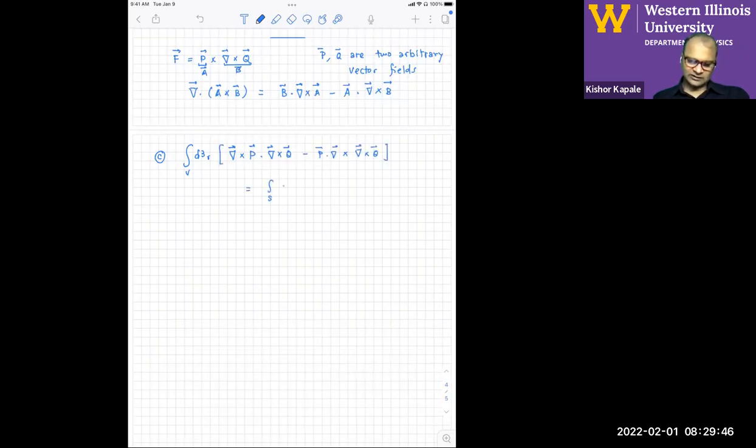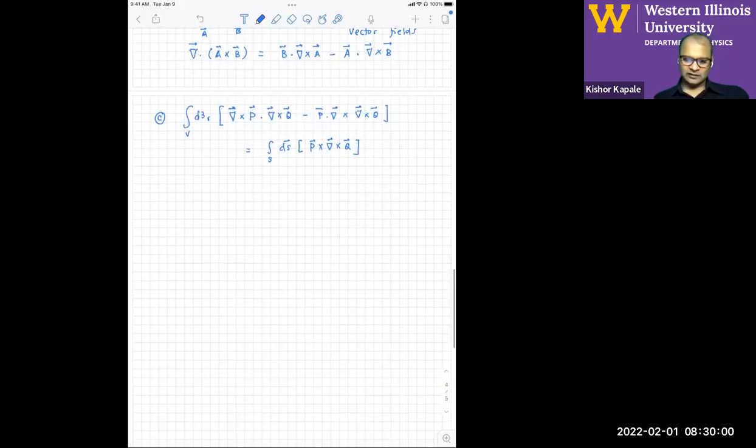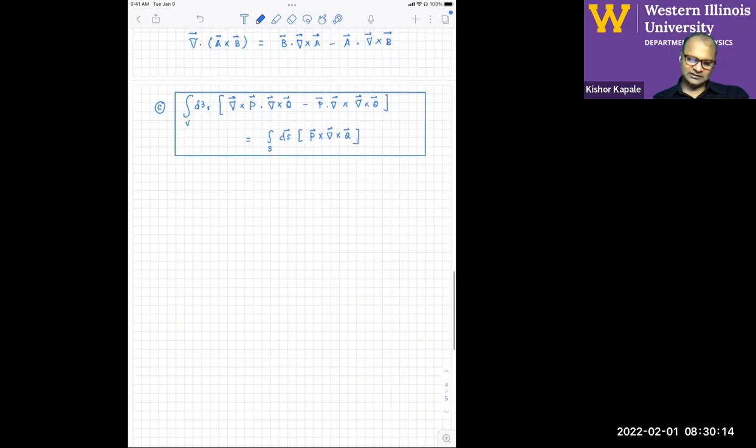The right-hand side of the expression is just the flux of F, which is P crossed with curl of Q. Okay, everybody with me? That's again another form of Green's first identity for two vector fields. So this is still a first identity, but it now involves two arbitrary vector fields. And we can do something similar if we change the order of the two.